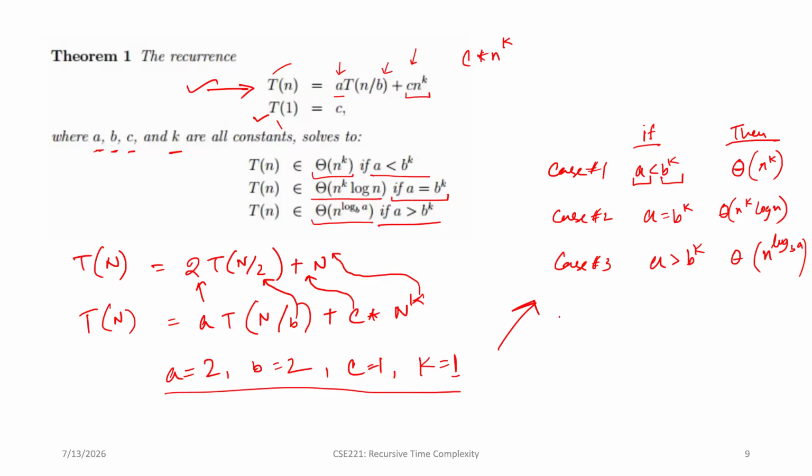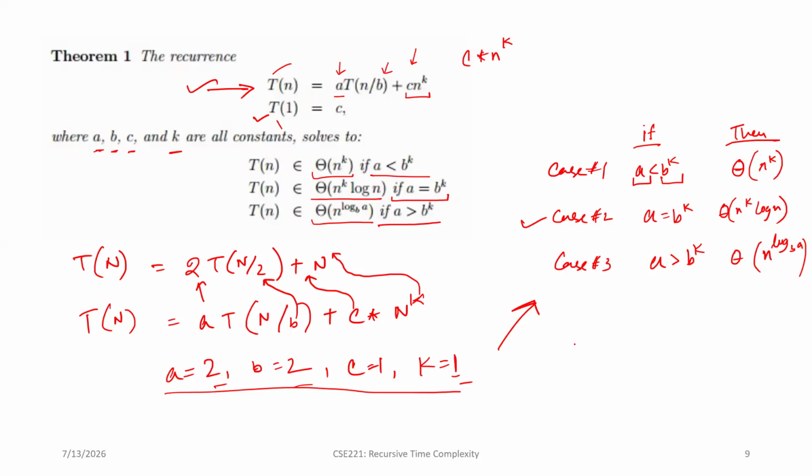কে বলতে পারো এটা কোন কেস হবে? Second case. Case 1, 2, or 3? কোনটা? Case 2. A equals B to the power k.